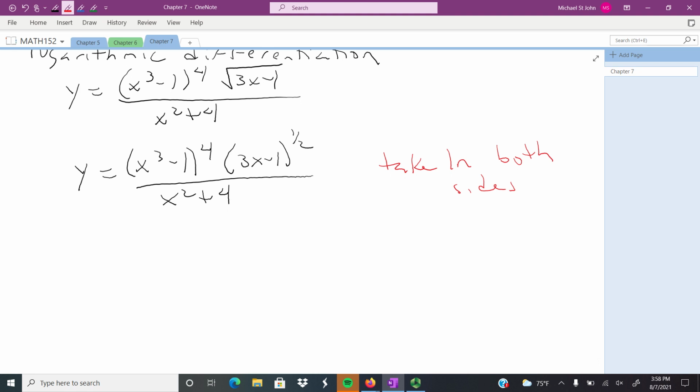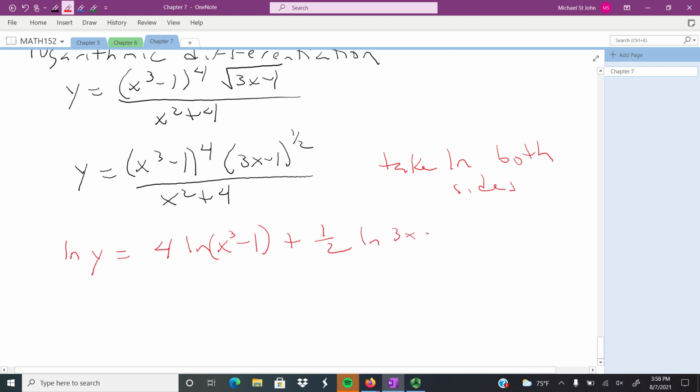So now we're going to have the natural log of y equals 4 ln(x cubed minus 1) plus 1/2 natural log(3x minus 1) minus the natural log of (x squared plus 4). So I applied my rules: I had the power rule, product rule, and our quotient rule all being applied.